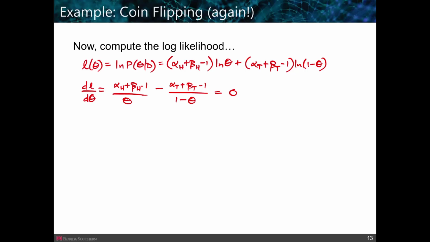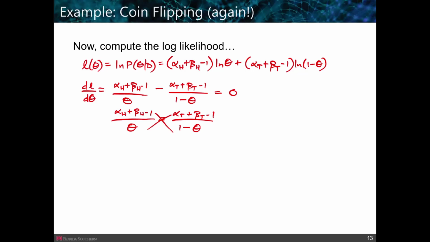I set it equal to 0 because we want to find the maximum. If I move the negative term to the right side of the expression, we're left with alpha h plus beta h minus 1 over theta equals alpha t plus beta t minus 1 divided by 1 minus theta. And I think you're seeing a pattern here.